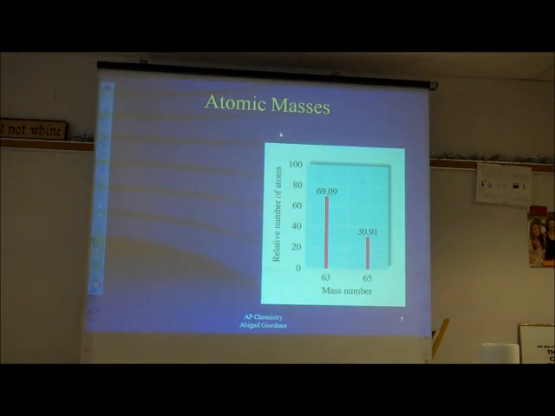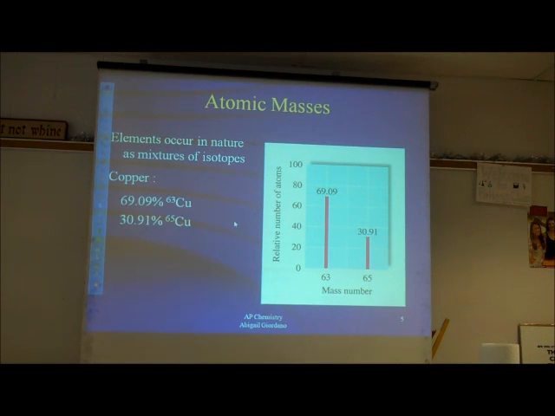But first, I want you to understand why those numbers on your periodic table, those atomic masses, are not whole numbers. Why do they have all those decimals? The reason is, the definition of an atomic mass is the average of all naturally occurring isotopes.